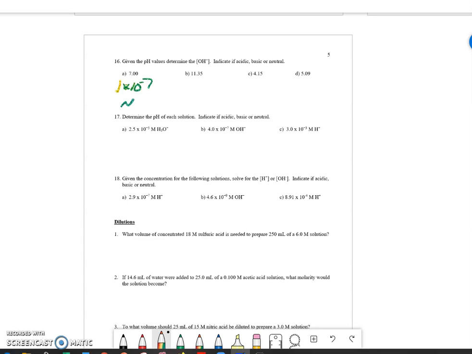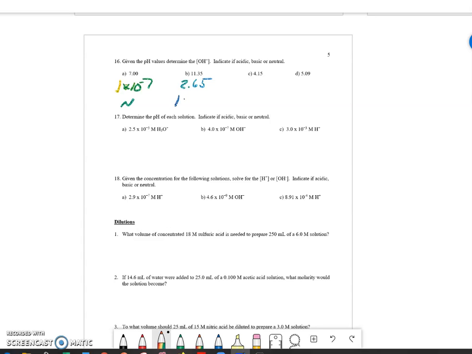Now over here you have a couple of different ways you could do this. This is the pH, so I could take 10 to the negative 11.5, get my H3O concentration, and subtract that from 1 times 10 to the minus 14, and that would give me my OH. Or I could simply take 14 minus 11.35, which would give me my pOH, which would be 2.65.